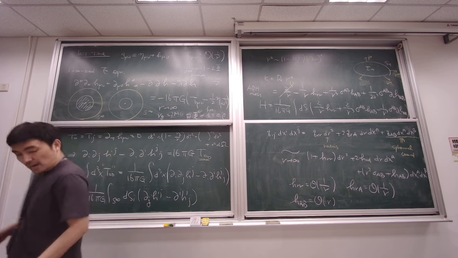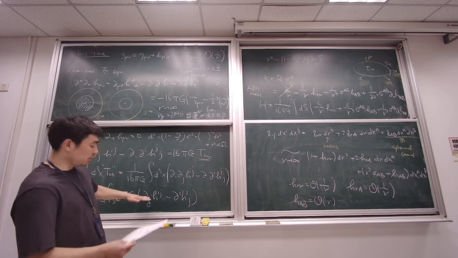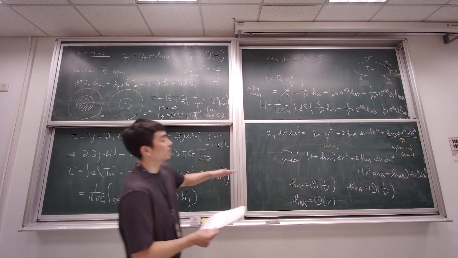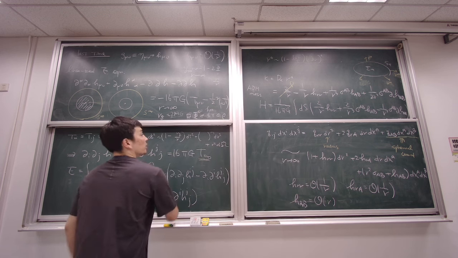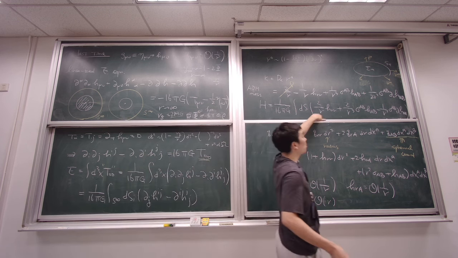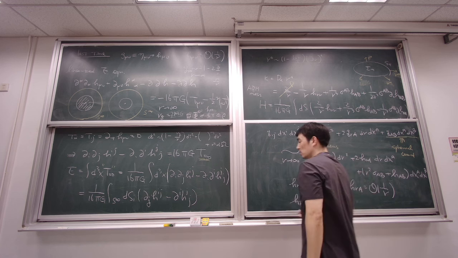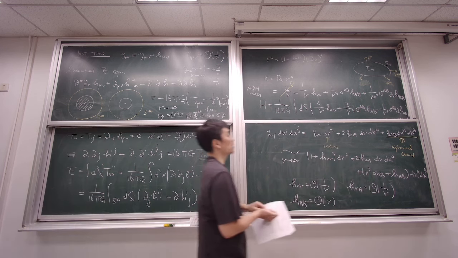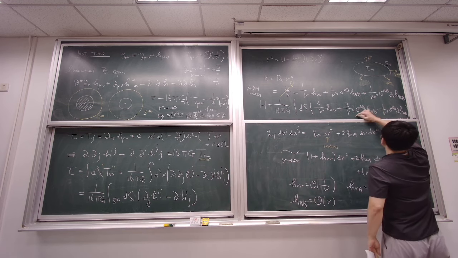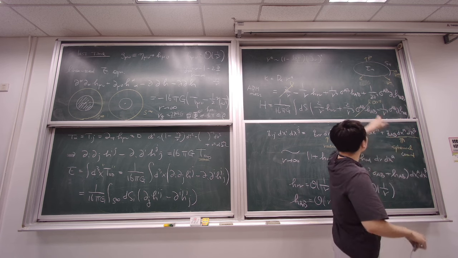I'm not going to go into detail, but if you use this formula and apply this asymptotic behavior and plug it in here, you get exactly this one, up to some changed coefficient. In fact, this second term can be ignored, since it is of order r to the 0.